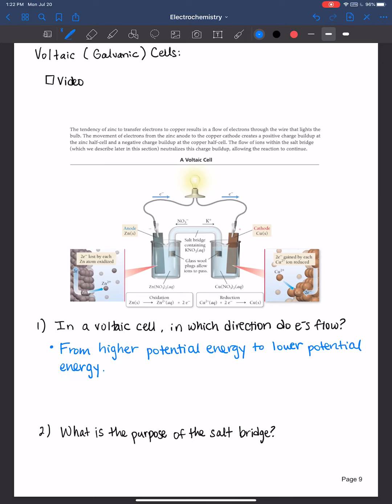And I liked how he used that example of a waterfall. I'll show you also a couple of examples on the next slide. In addition, it's important to remember that the electrons travel from anode to cathode.